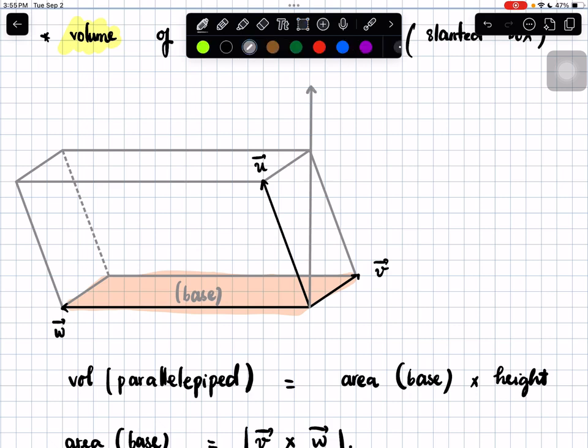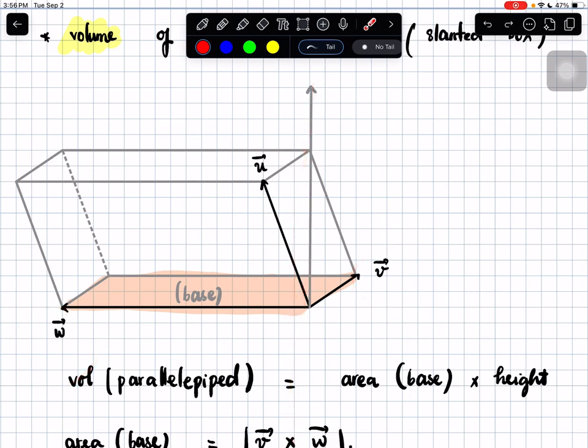In this particular picture, if I use the right hand rule, I can see that v cross w is the vector perpendicular, so it has to be in this line, right?